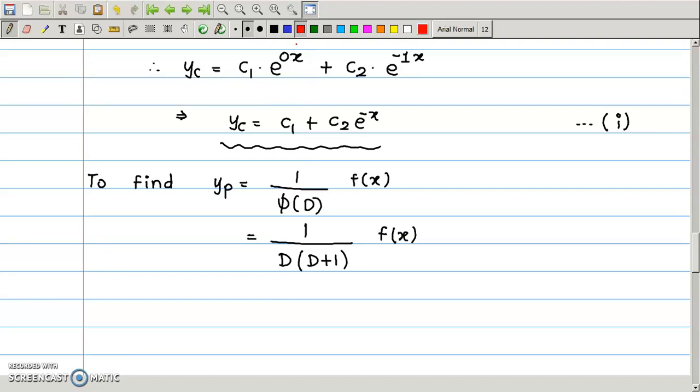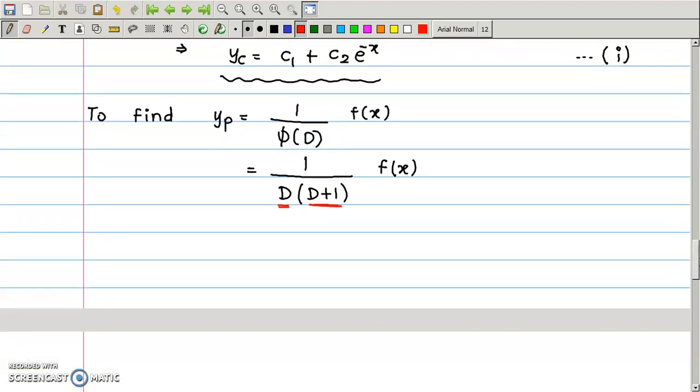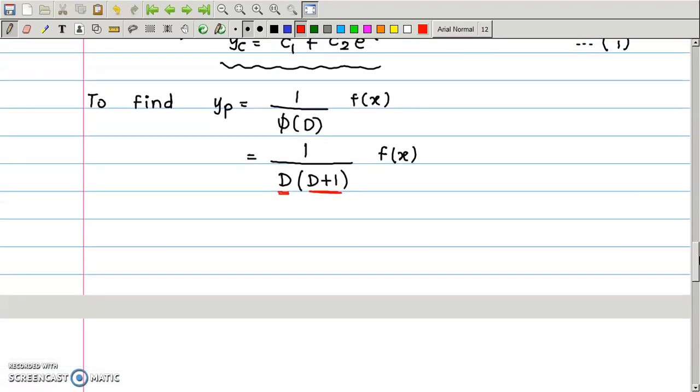Now, there are two linear factors in the denominator, so we have two choices. First, we can operate each factor one by one on f of x, or we can separate these two factors by using the method of partial fraction and then evaluate it.